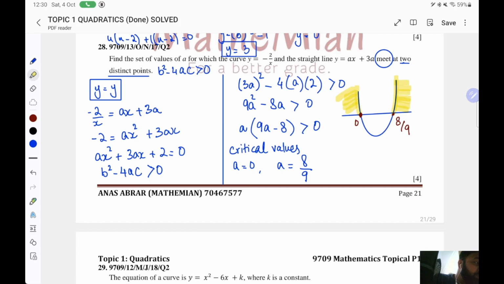So these are the two regions that we will have. The right hand region gives us the value for a to be greater than 8 divided by 9, and the left hand side region gives us the value for a lesser than 0. So these are the two inequalities for a that we will have.